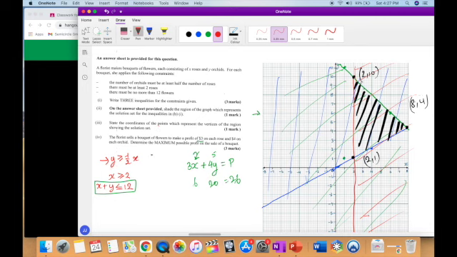So that's where we got this from, right? So if you're selling a bouquet, if you sell 2 roses, half of 2 is 1, so I must sell more than 1 of the orchids. So I could have 2 orchids, or 3 orchids, or whatever. So it must be greater than half of the number of roses that I sell. So that's what that means, right?